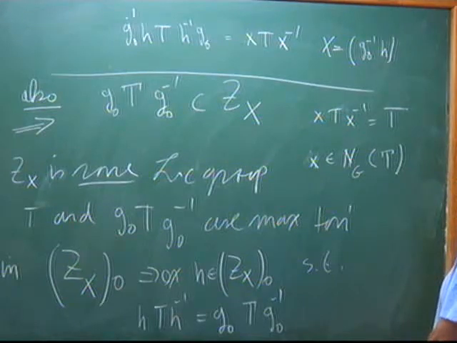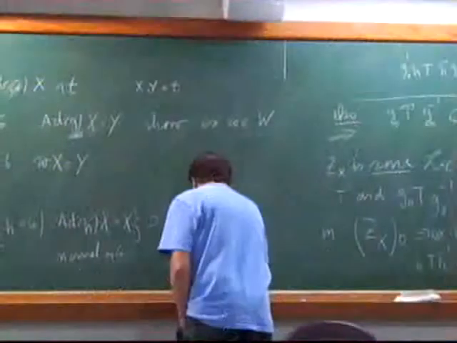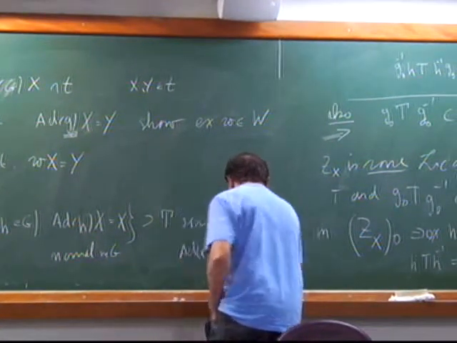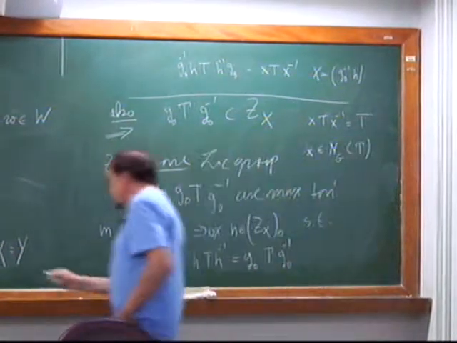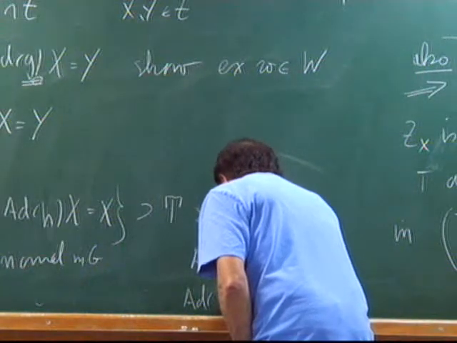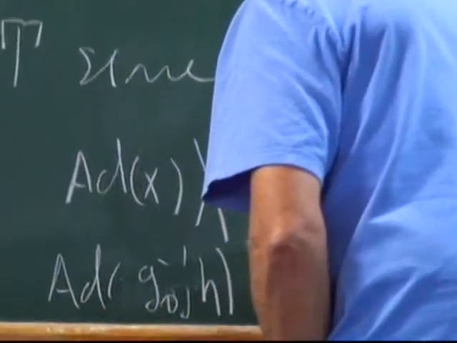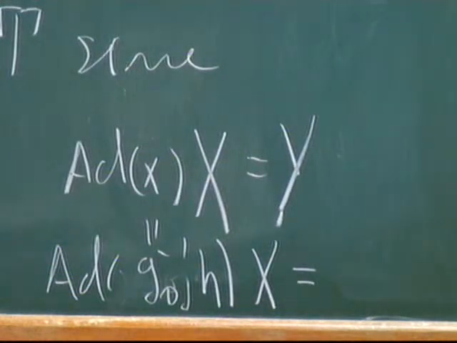And what does little x do? It also takes x to y. I want to claim that Ad x, bad notation, x is equal to y, because x was G0 inverse h. In fact, we should take the inverse. Yes.